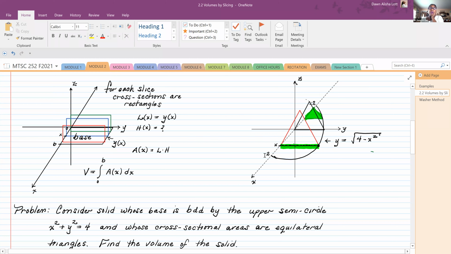So the volume is going to be the same. Instead of me going from -2 to 2, I can do twice 0 to 2. That's just so you didn't have to deal with the negative sign. Exactly. That was one thing that helped. All right, thank you very much.